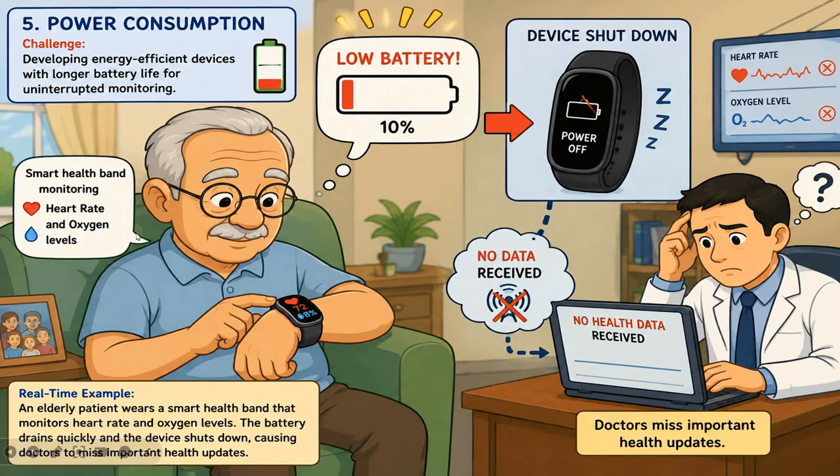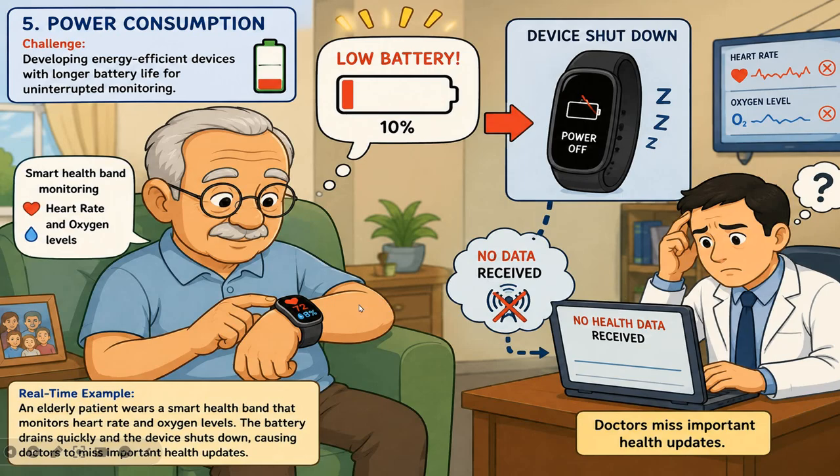So here you can see an elderly patient who is wearing a smart health band that continuously monitors vital parameters such as heart rate and oxygen levels, or the oxygen saturation, that is the SpO2. Now this device collects the important health information and transmits it to the healthcare providers for remote monitoring.